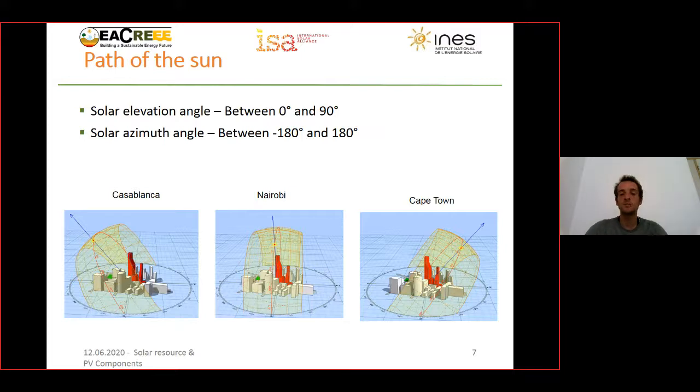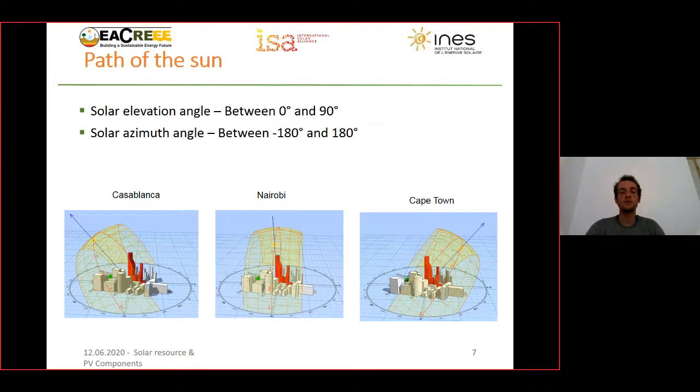And this path of the Sun above our head only depends on the latitude of the site. If you are very close to 0 degrees latitude, which means near the equator, you will find the path of the Sun approximately like Nairobi in Kenya. This is the picture at the center of the slide. You see that the path of the Sun is often above your head.